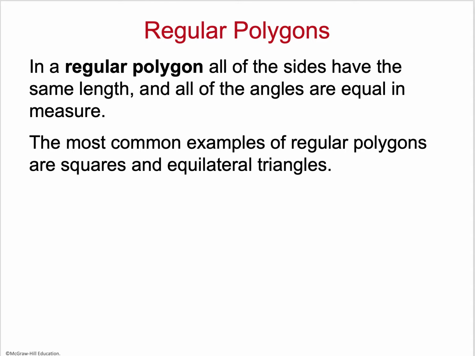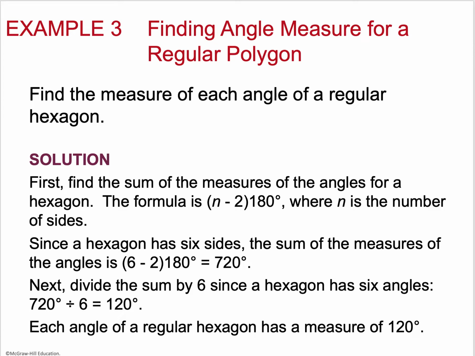Regular polygons are just a nice word for saying something like a square. In a regular polygon, all sides have equal measure, like in a square. So if I want to find the measure of each angle in a regular polygon, I'm going to use my formula. But instead of finding the sum of all of the angles, I want to find just the measure of one.